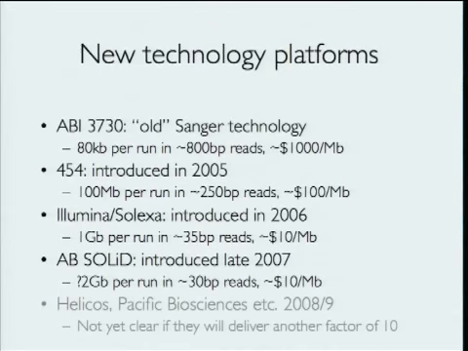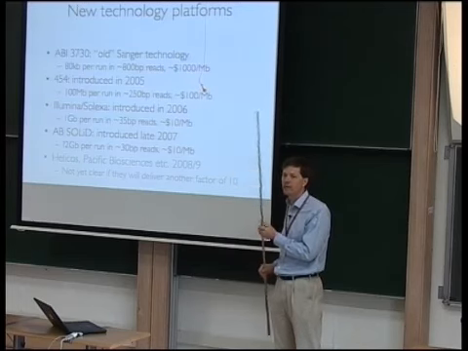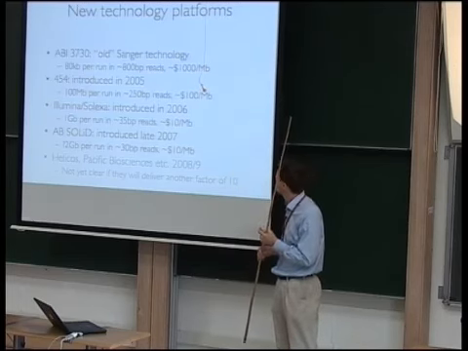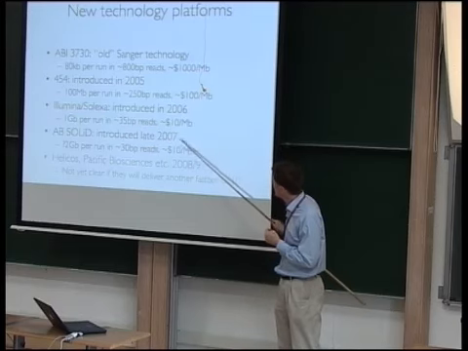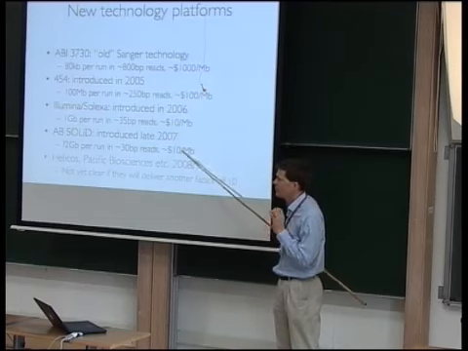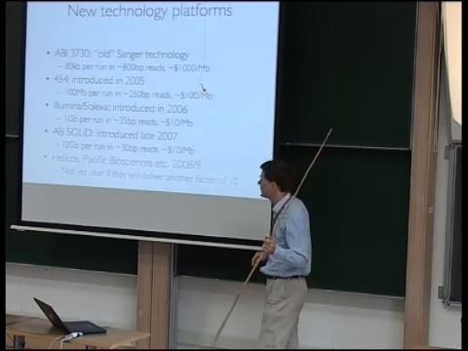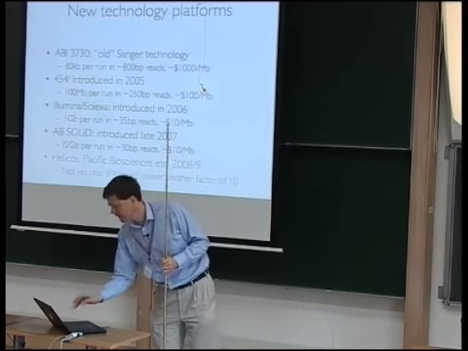These two are sort of fighting it out just now. There are other companies trying to get in on this game. And the expectation is that these will drive down this cost. We saw a value of $5 a megabase yesterday, and the hope is to drive this down by another factor of 10 to 100, which will give us the human genome for $1,000.